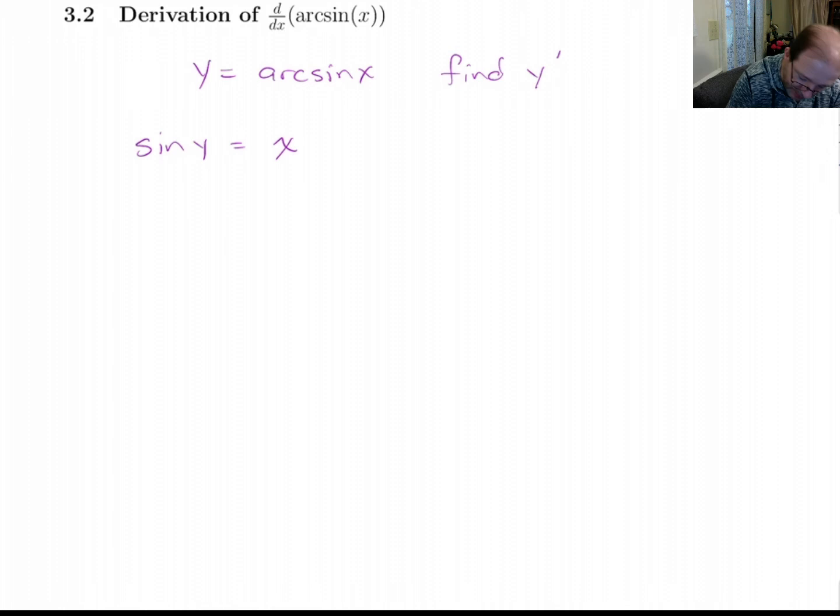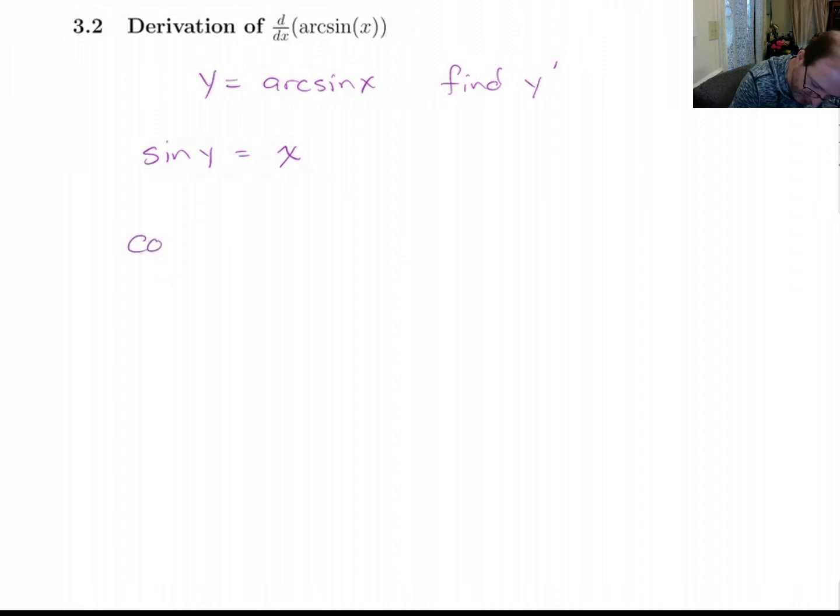Take the derivative of this implicitly. The derivative of sine is cosine, and the derivative of x is 1. So I wind up with y prime equal to 1 over cosine y.